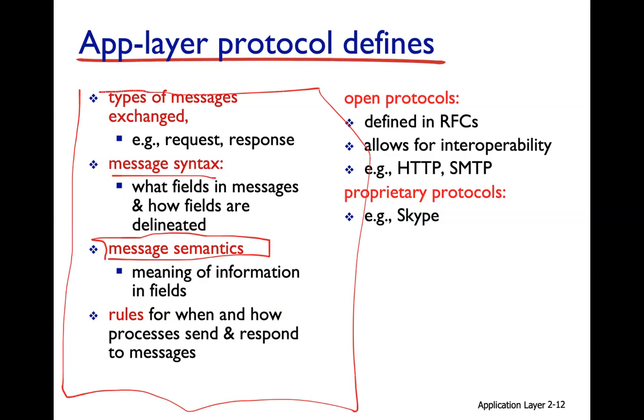So types of message, message syntax, message semantics, and the rules for when and how processes send and respond to certain messages. When we deal with the application layer, for the data we will not say packet or segment. Here it is called a message.